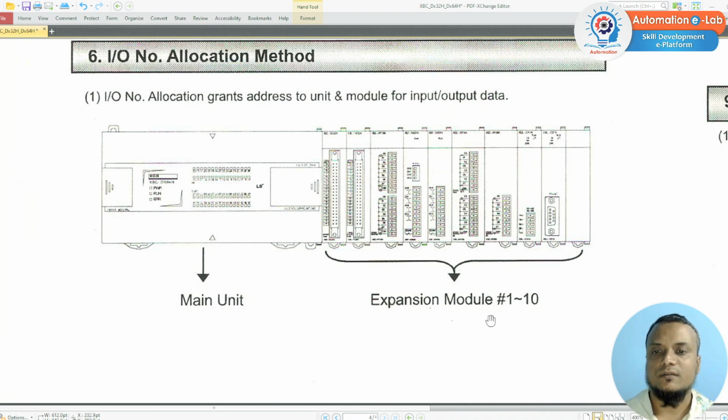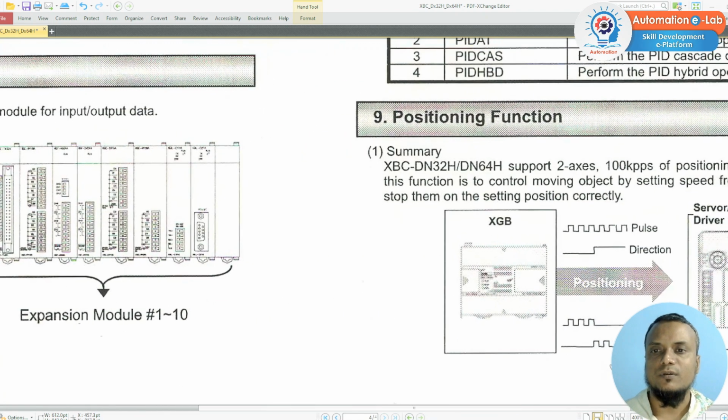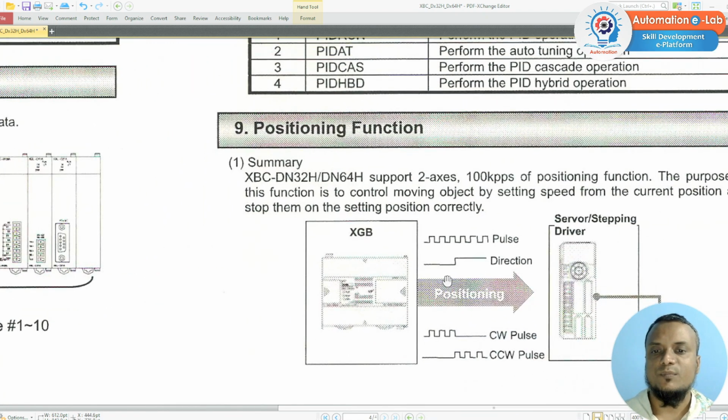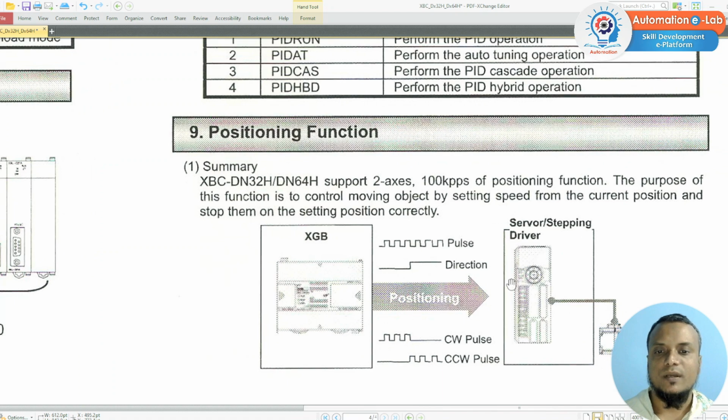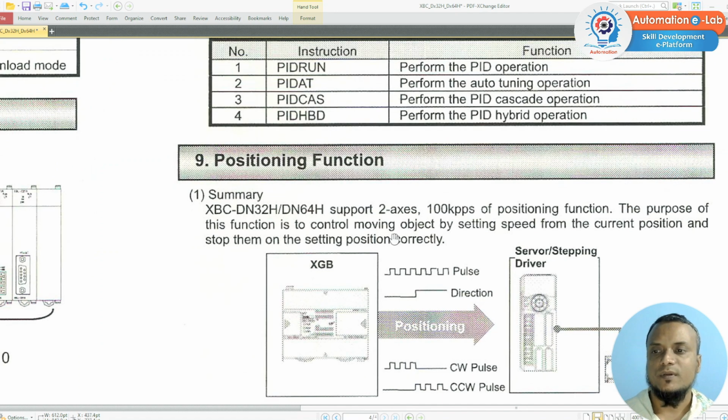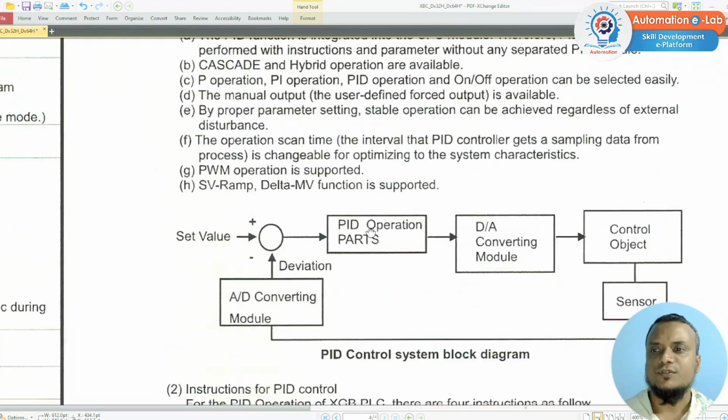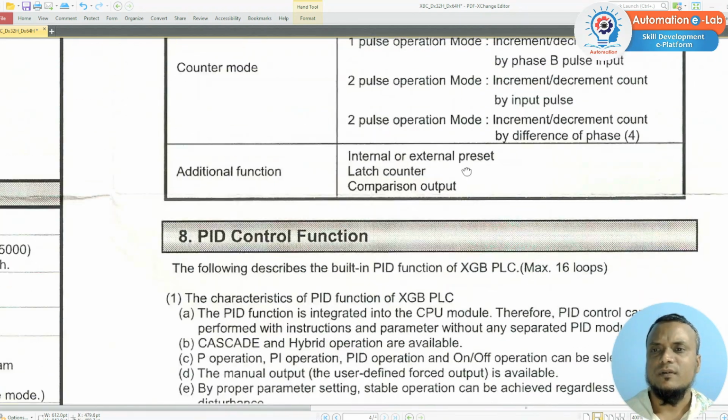We can connect up to 10 expansion modules. It can be a digital expansion module, analog expansion module, or communication module, depending on our requirements. Also it supports positioning. We can drive a servo drive or stepper motor drive, and also supports PID operation.